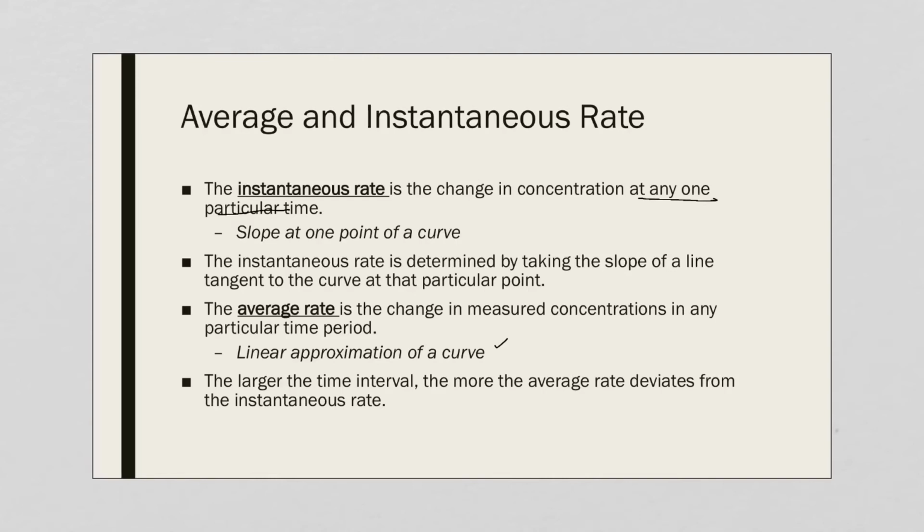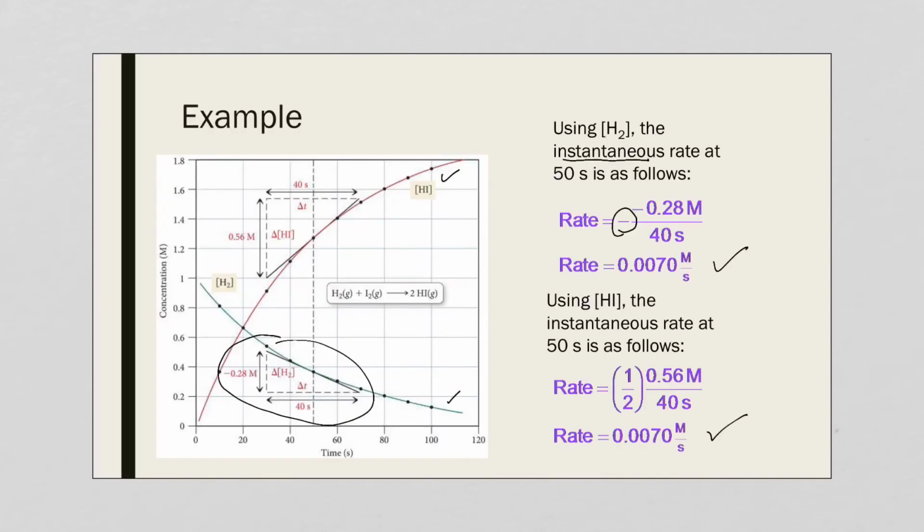Because what we notice from that curve, right, is the rate is not constant. So if we look back at the shape of the curve, it starts out very steep, whether we look at HI here or H2 here. But then over time, it flattens out, right? It becomes less steep as we get up here or get down here. So in other words, the rate is changing.